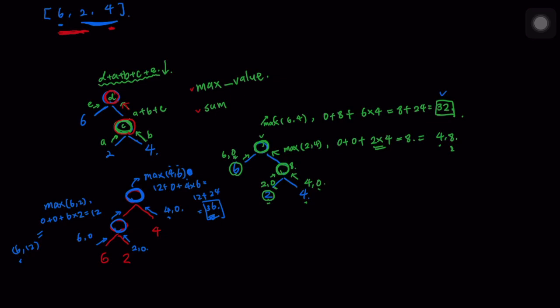Basically, for each node we would like to have a function, let's just call it calculate. For example, if we have this node, then we know its left part and its right part.